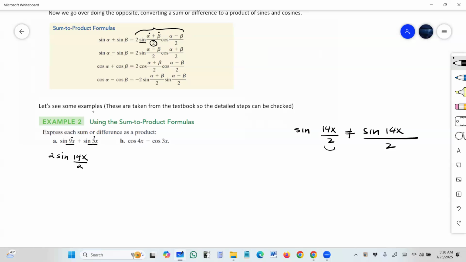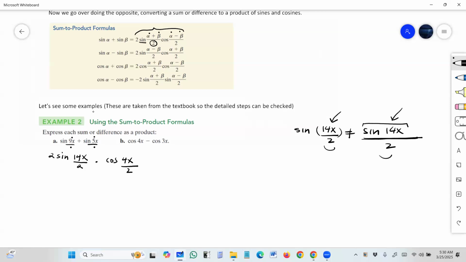Please understand that these two things are different. In the first case, I'm only dividing the angle. In the second case, I'm dividing the whole sine 14x. Times cosine of the difference, alpha minus beta, so 9x minus 5x, 4x, and again over 2. We've gotten to this part so far.